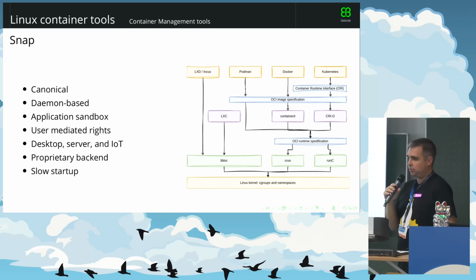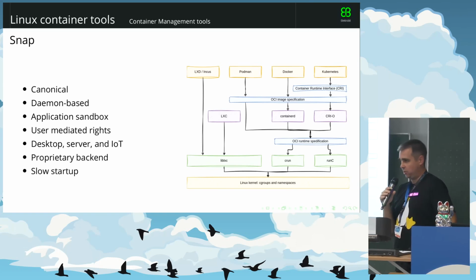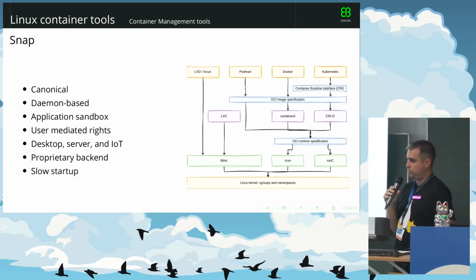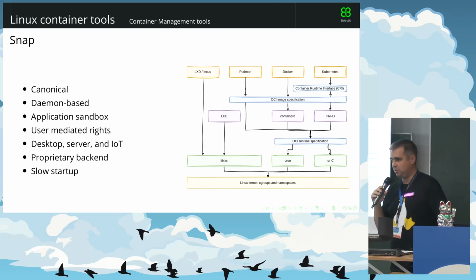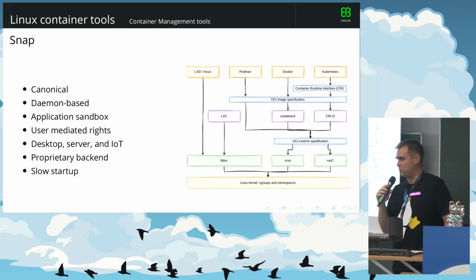You know this for sure from your smartphones, where you can say this application is allowed to use Bluetooth, network, whatever, and it's the same for these application sandboxes. Snap is now also promoted as an IoT solution, but with a proprietary backend and quite slow startup, not really a good solution from my point of view.